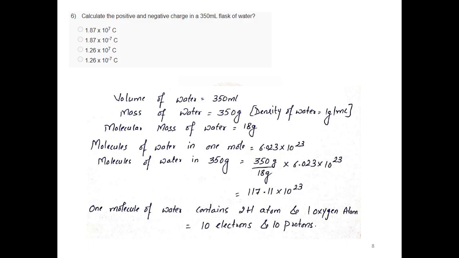Now if you see OH minus, you will get basically one proton less, around 8, right? But water is a neutral molecule, so overall the total number of electrons is 10, and the protons are 10, right?